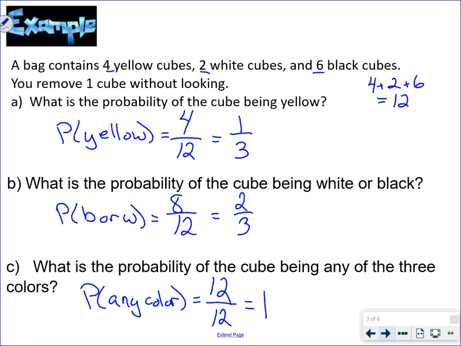Because there are only 3 different colors in the bag, and we're looking for the probability of picking any one of those 3 colors, the probability is 1 or 100%, because you will for sure pick one of the 3 colors.